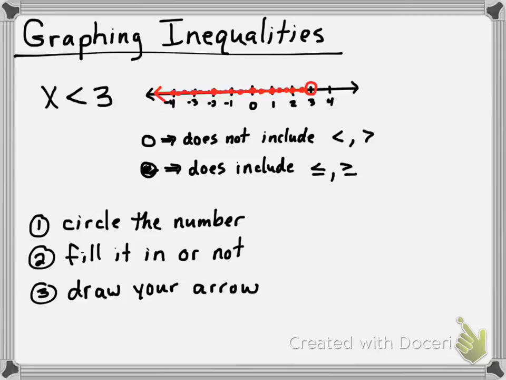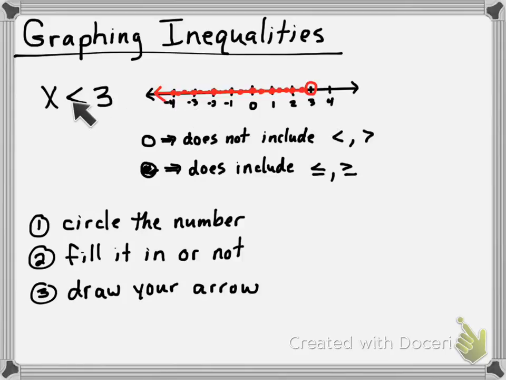Okay? So, the only thing you have to do there is decide which way your arrow's going. You can do this a couple different ways. One way is to find a solution. If I've got my circle on 3, and I find any solution, it'll tell me which way the arrow goes. Since I know 0 is less than 3, then my arrow goes toward the 0. Okay, so that's pretty simple.